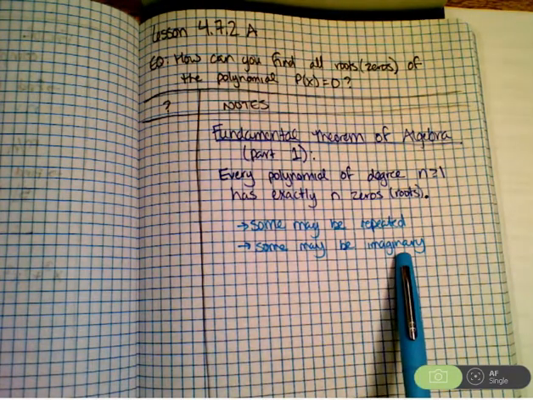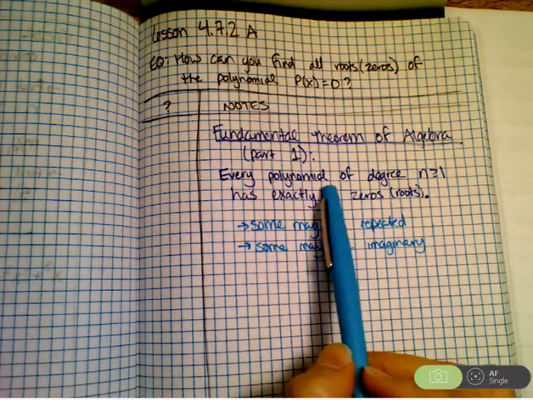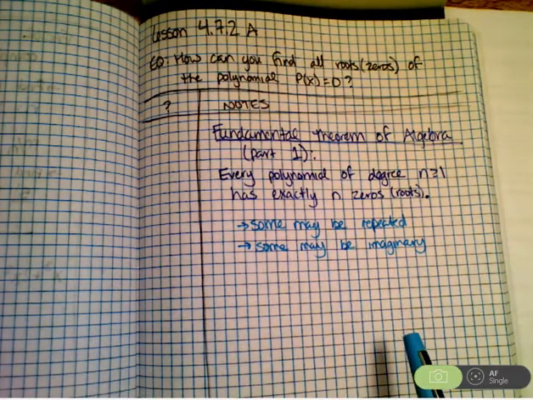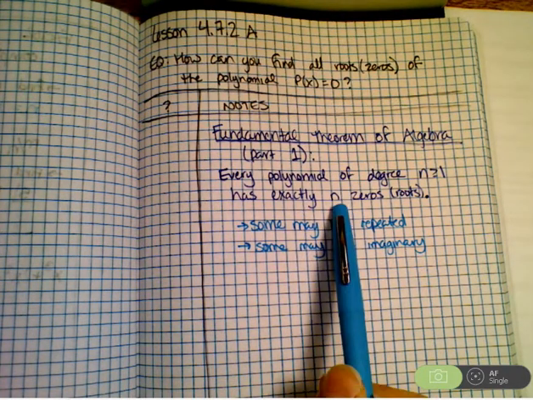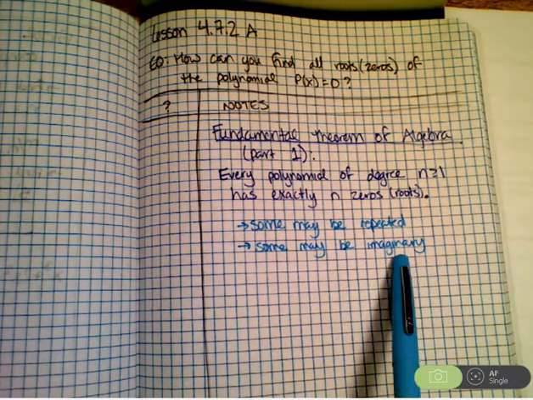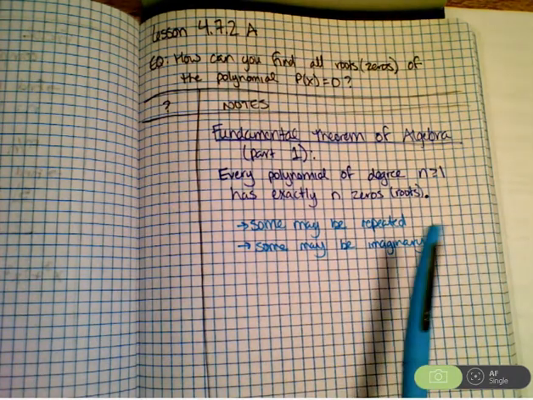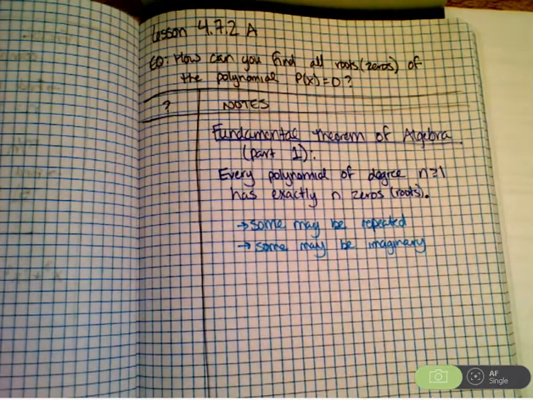So some of them won't show up in graphs like we're used to seeing, but we'll know that they're there because whatever the degree is, that's how many roots you have to have. So if you graph a 4th degree polynomial and you only see 2 points where it touches the x-axis, you know there's 2 more that are missing, and those 2 are going to be imaginary. And today, I'll show you how we find those.